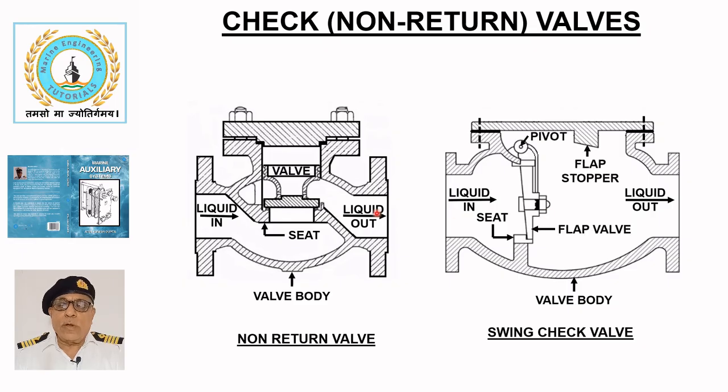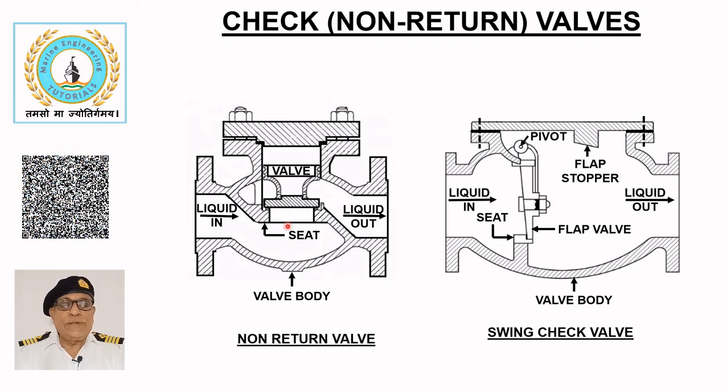In a non-return valve, the disc is guided by the valve body and moved upward under the inlet fluid pressure, returning to its seat by its own weight. In a swing check valve, the disc is pushed open by the incoming liquid around a pivot and swings back to the closed position in the absence of flow.